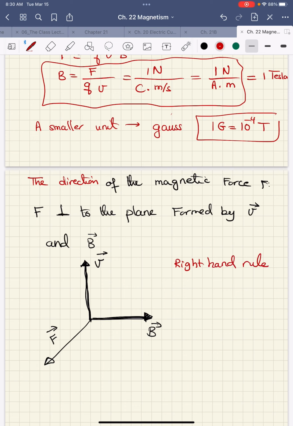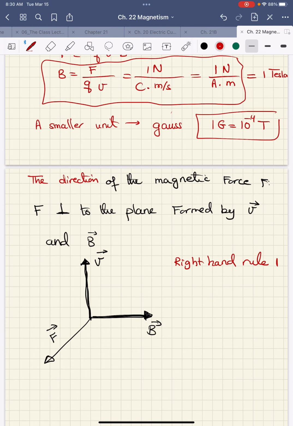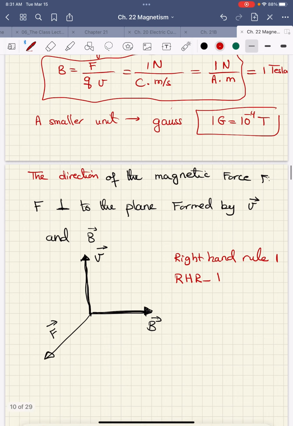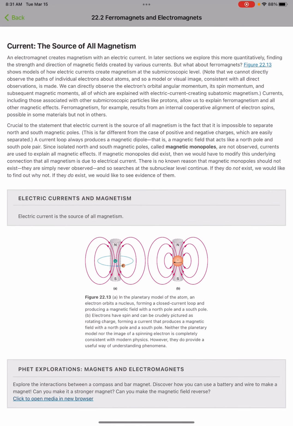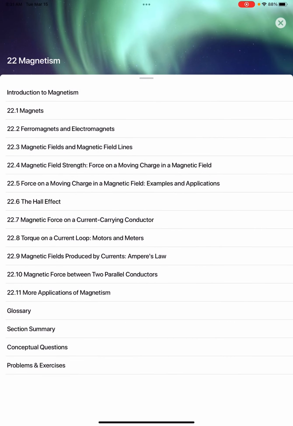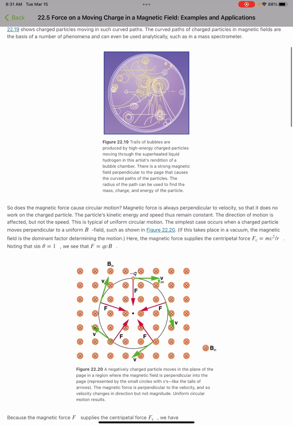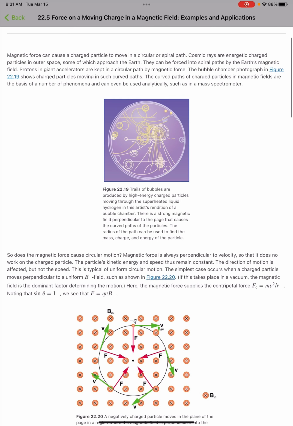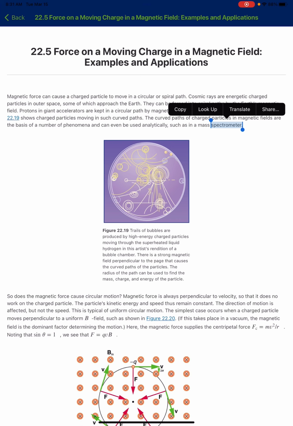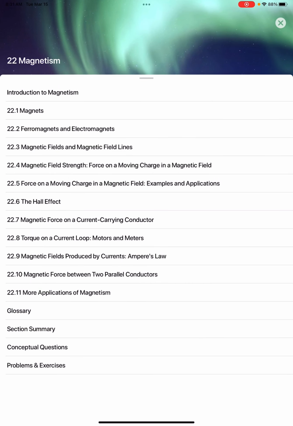We might have more than one, so this is RHR1, and I want to show you what the rule is. I'm going to move to the textbook where I want to show you the diagram that shows us the rule. No, not this one, the one before.